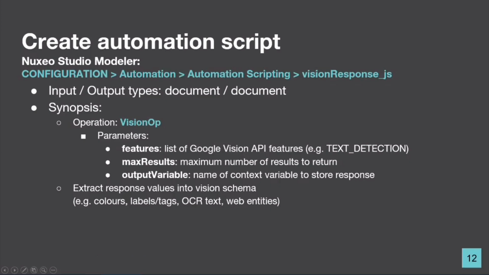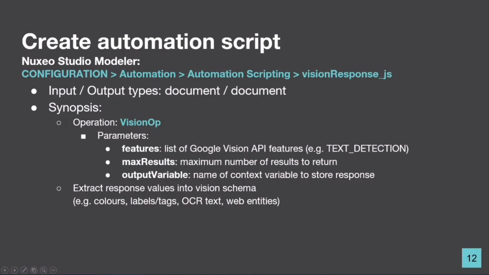Now this takes 3 parameters. The first is a list of features, for example, text detection, label detection, image properties, safe search, or web detection. We specify a maximum number of results that we want to return from those services. And then we specify an output variable name in the context where we store the response so that our automation script can pull those values back.